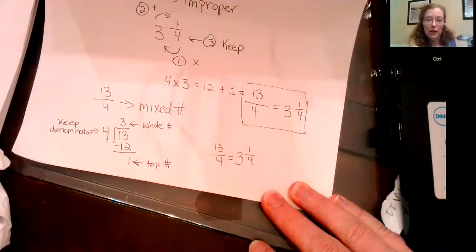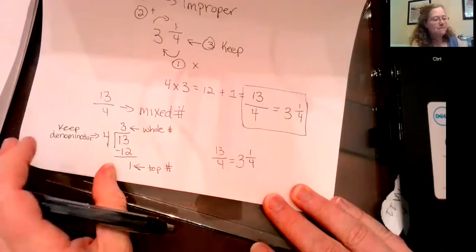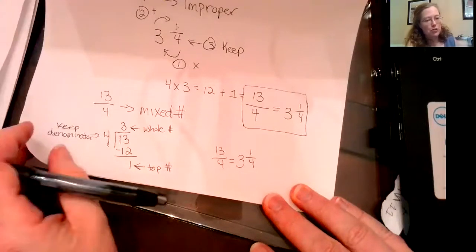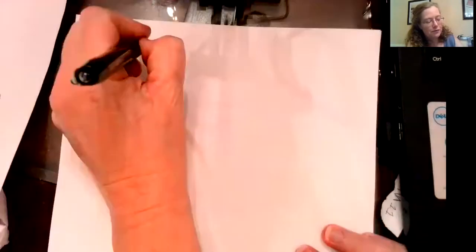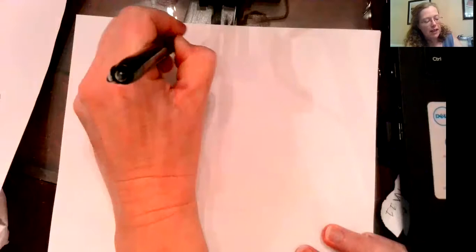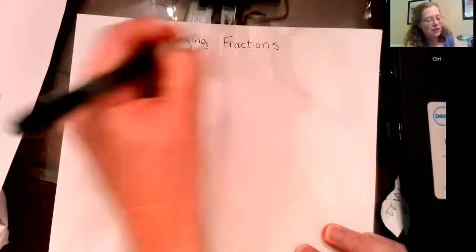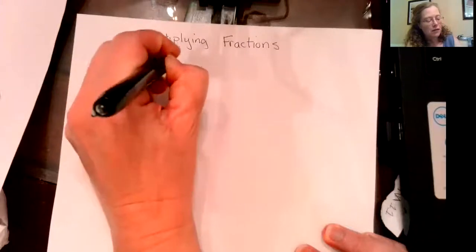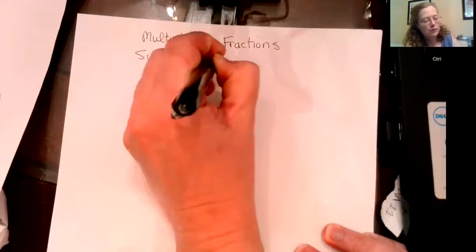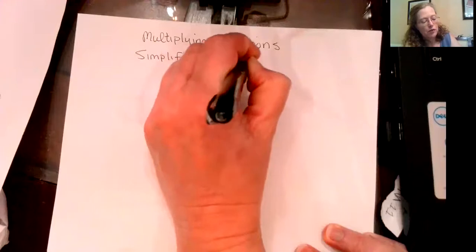How about multiplying fractions? When I want to multiply fractions, I keep in mind the rule to simplify before you multiply.